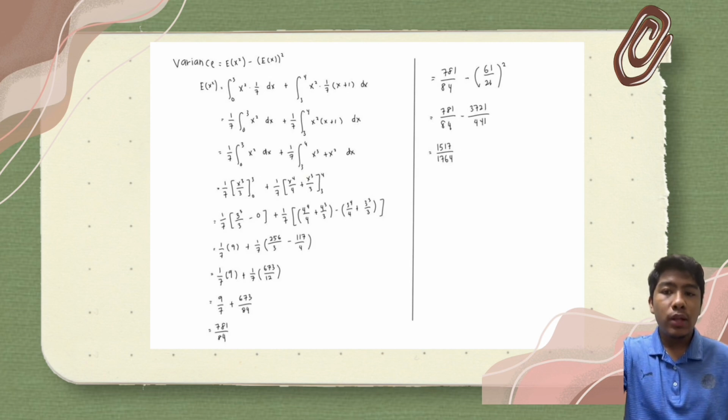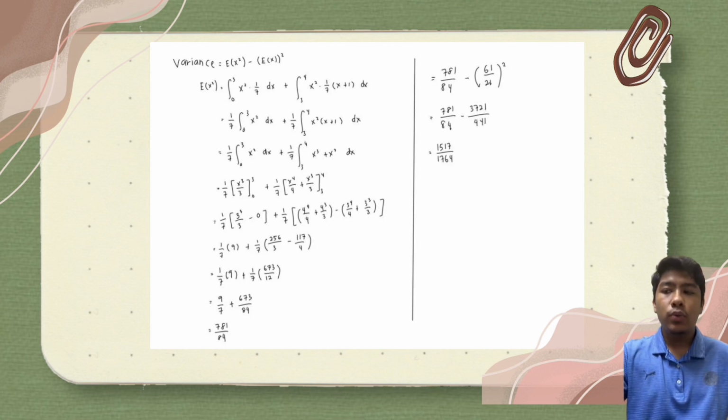After integrating, we will get 1 over 7 times x cubed over 3 from 0 to 3 plus 1 over 7 times x to the power of 4 over 4 plus x cubed over 3 from 3 to 4. And then we can substitute the values and we will get 1 over 7 times 3 cubed over 3 minus 0 plus 1 over 7 times 4 to the power of 4 over 4 plus 4 cubed over 3 minus 3 to the power of 4 over 4 plus 3 cubed over 3.